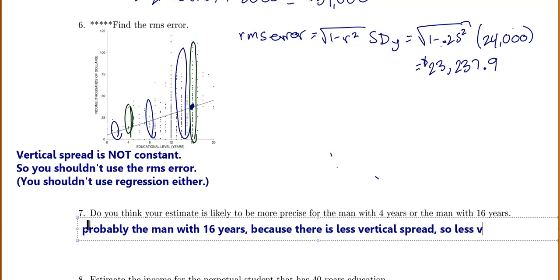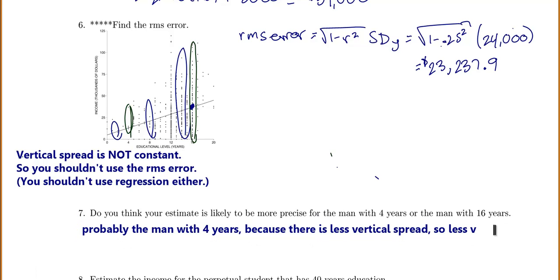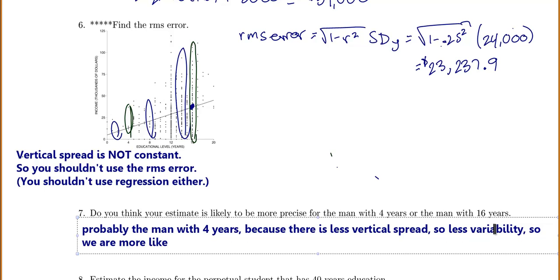So sorry, that's not what I meant to say. I meant to say the man with 4 years because at 4 years there's less vertical spread, so less variability. So we are more likely to be close to the true value.